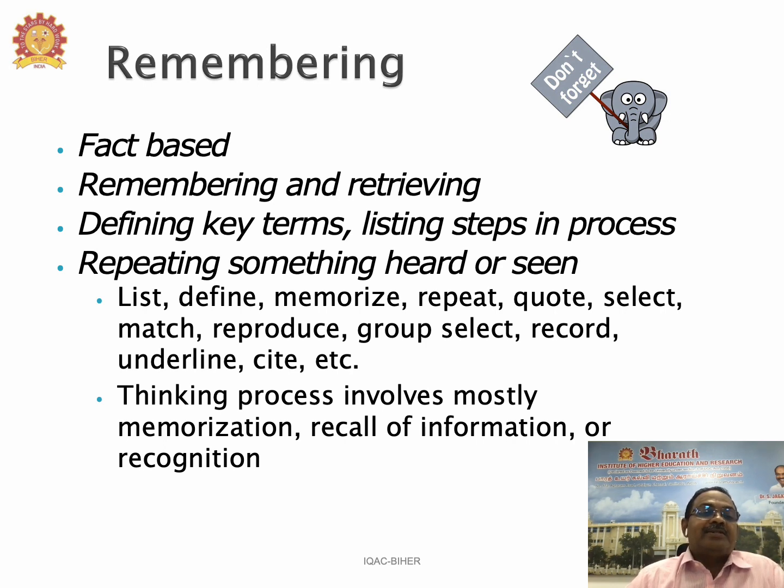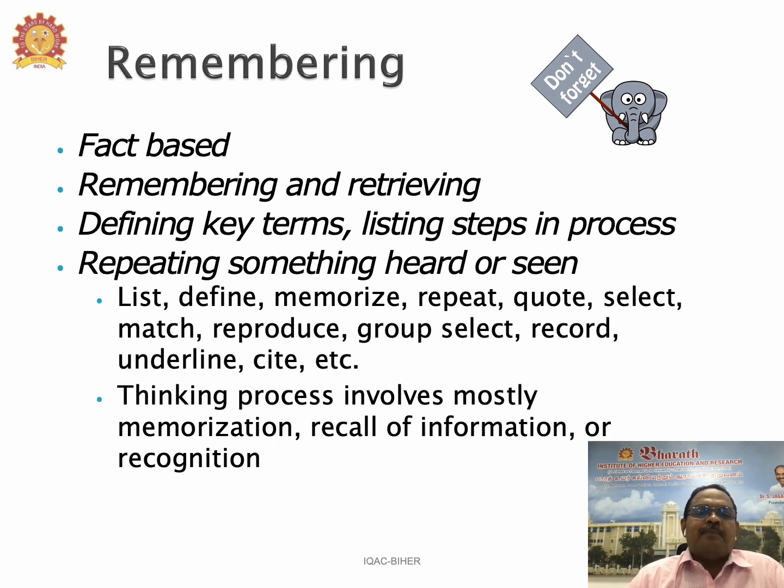These are the things we learn with the help of the remembering method. So what happens in remembering? Fact-based remembering, retrieving and defining key terms, listing steps in a process, and repeating something heard and seen.